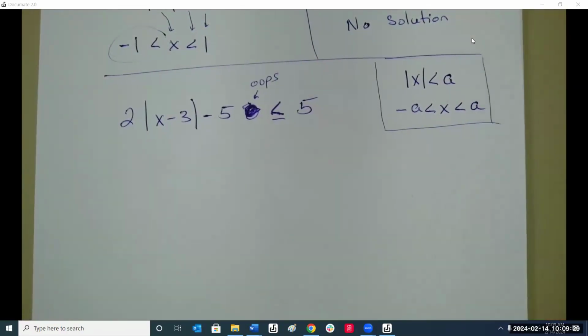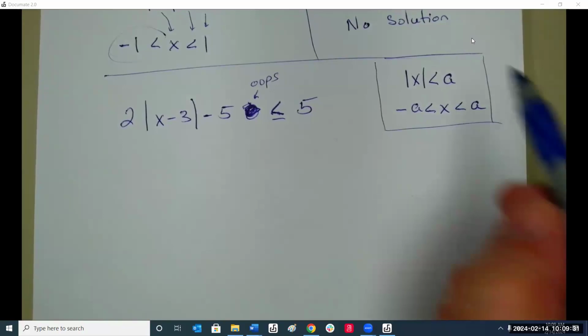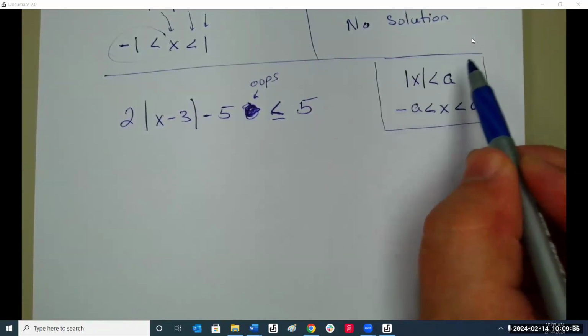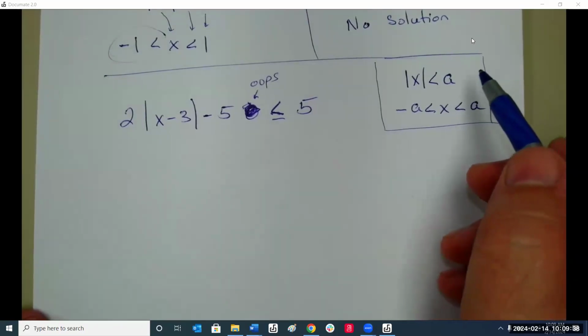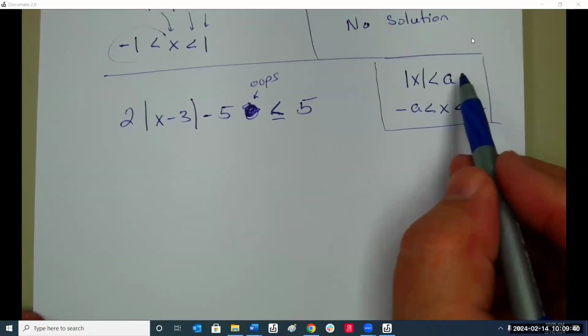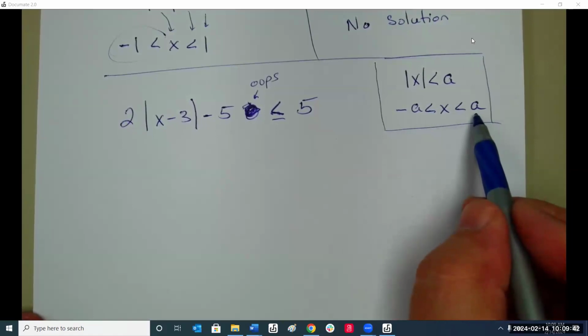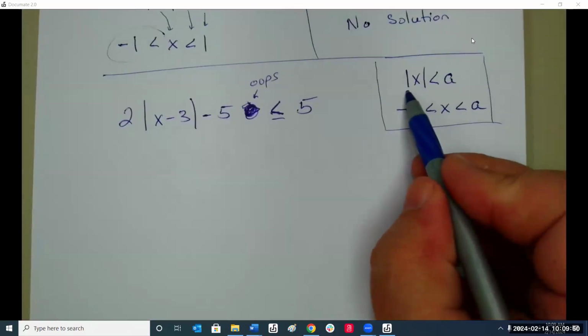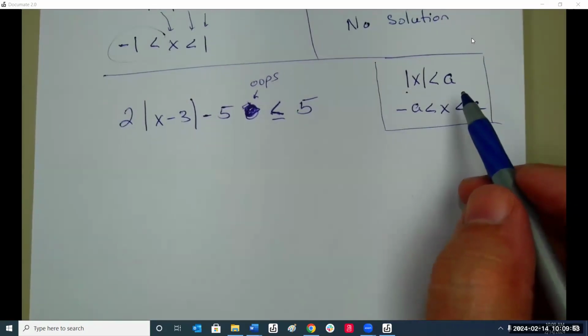Now, what does that formula mean? We have to get the absolute value by itself, less than or equal to a number. Once it's equal to a number, then we can do this. We can't split it up just yet. So we have to first get the absolute value by itself before we can use the formula.